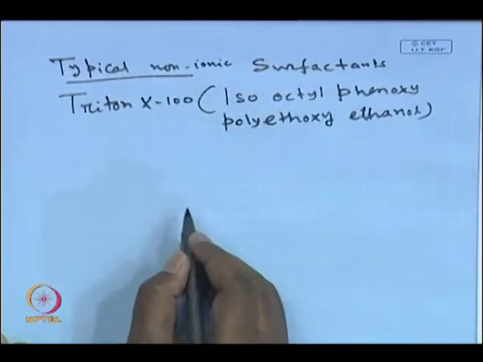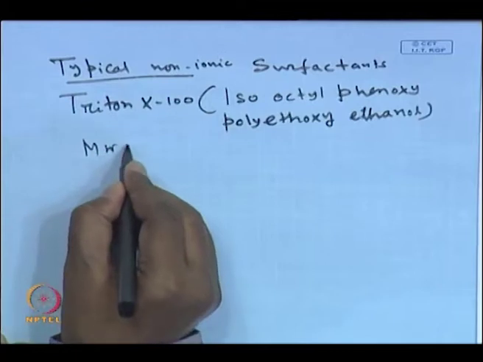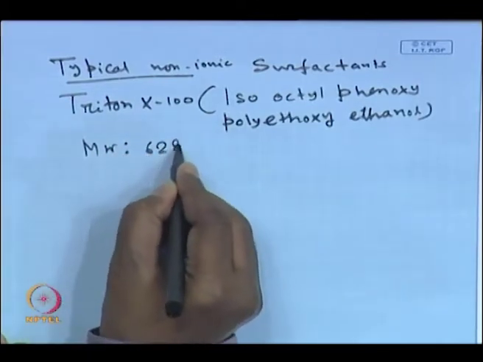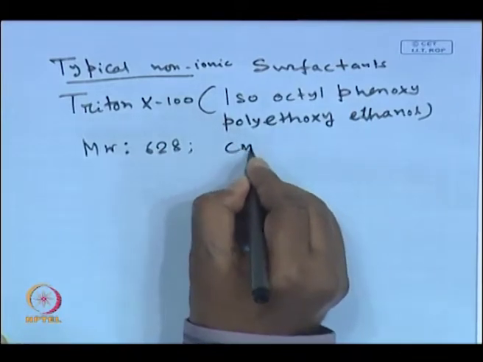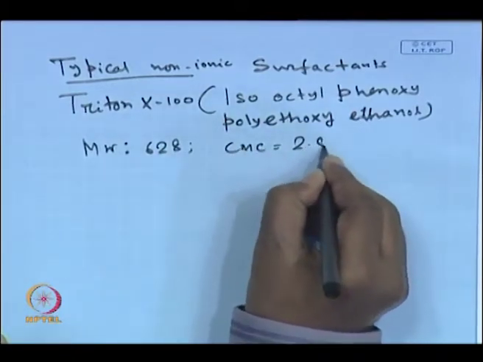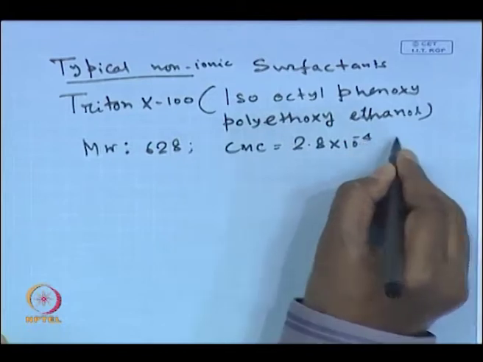It has a typical molecular weight of 628. It has a CMC which is extremely small, 2.8 into 10 to the power minus 4 molar.